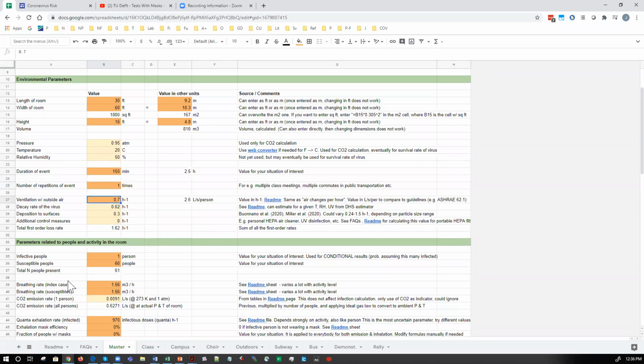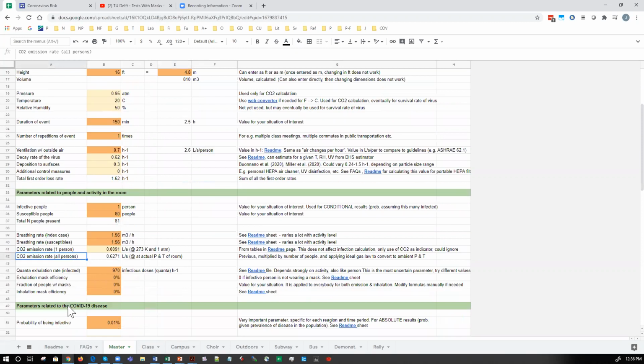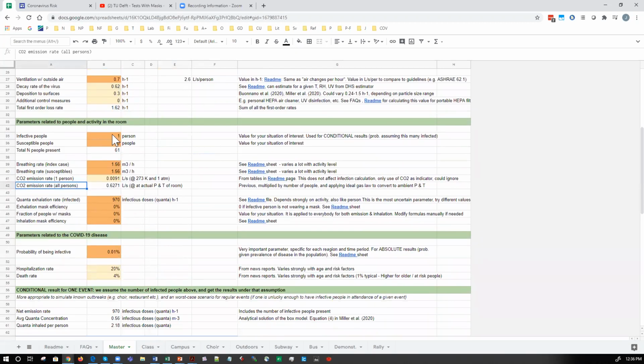Then the ventilation rate in units of per hour. This is going to matter a lot, and these are the units that ventilation experts like, liters per second per person. They are related, but here we have to enter them in per hour. Now, how many infective people are there? Normally we're going to say there is one, and I'll explain the conditional versus absolute probability later.